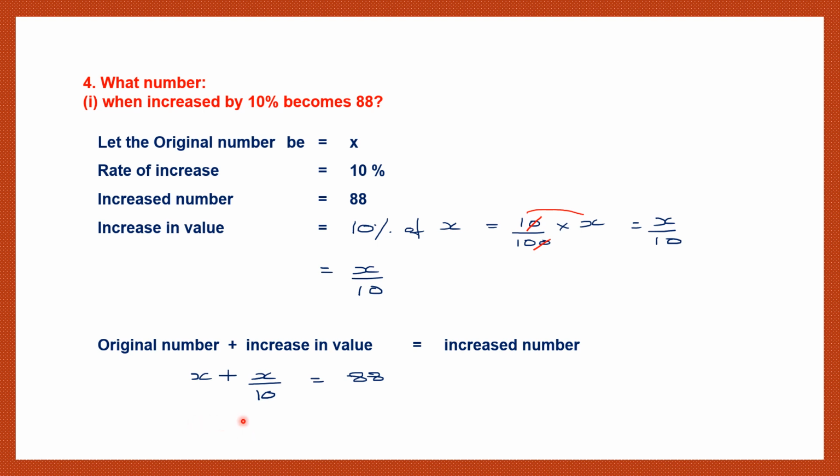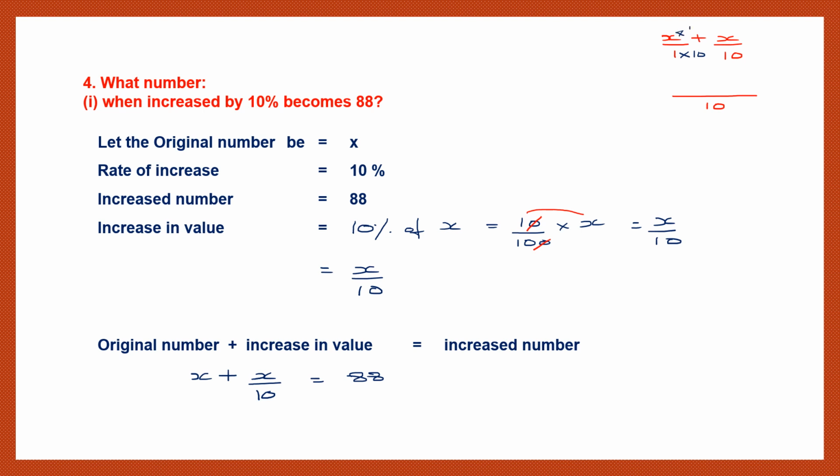So that means first we need to work out this x plus x by 10. So let's do that. x plus x by 10. This is like fractions. So this will give it the denominator 1. So now the LCM will be 10. When the denominators are 1 and another number, the other number will become the LCM. So 10. So now let's find the new numerators. 1 into 10 is 10.